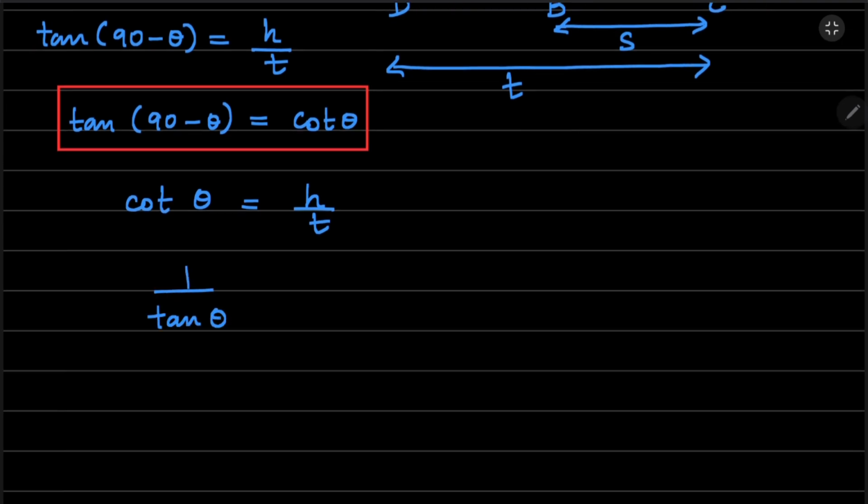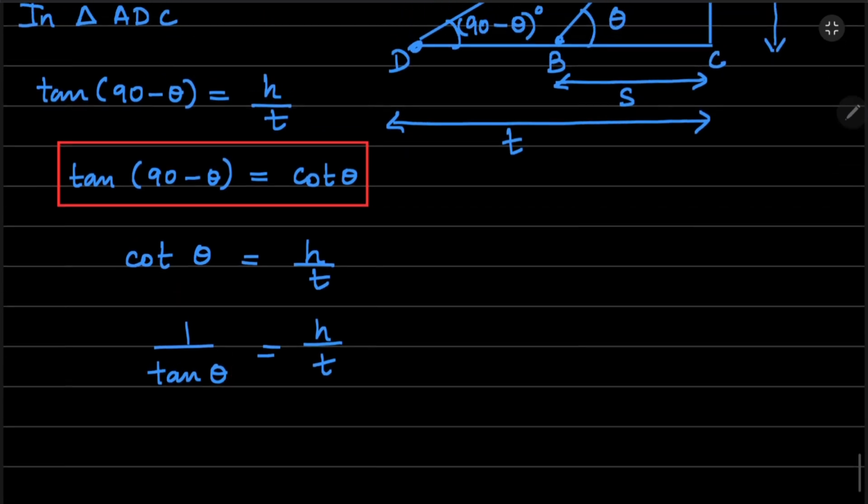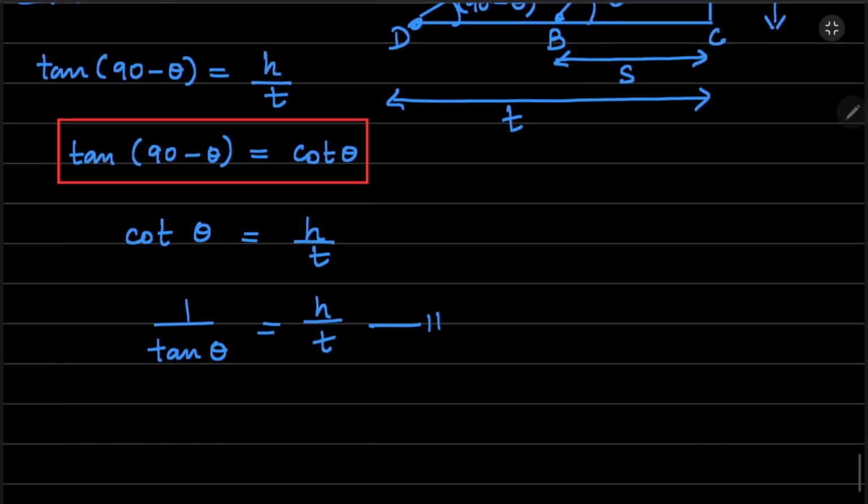It is the same thing, H by T. I'm not flipping it, I'm just keeping it the same. I have just written cot theta is equal to 1 by tan theta. Therefore, keep it as it is and mark this as equation 2.